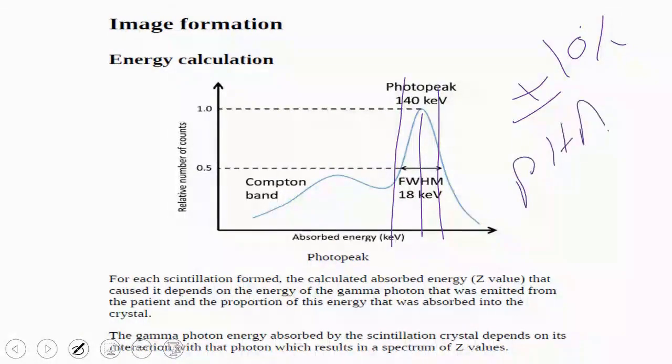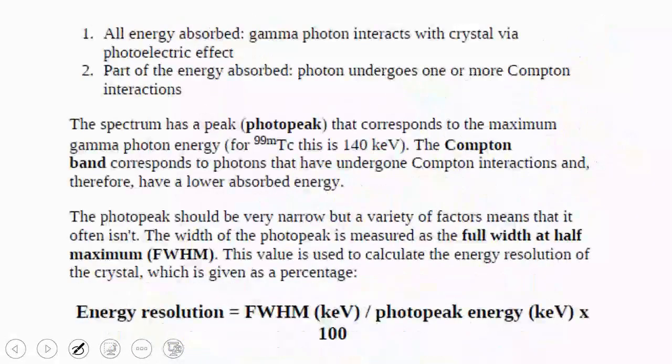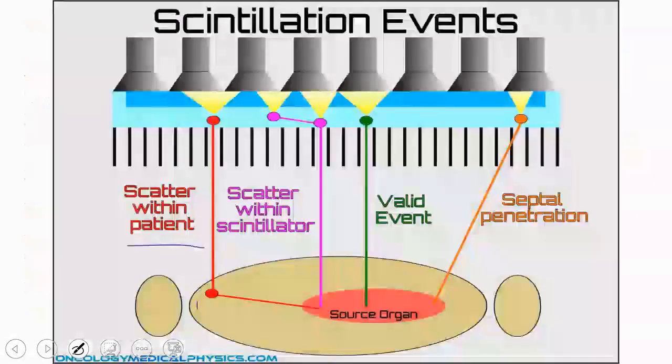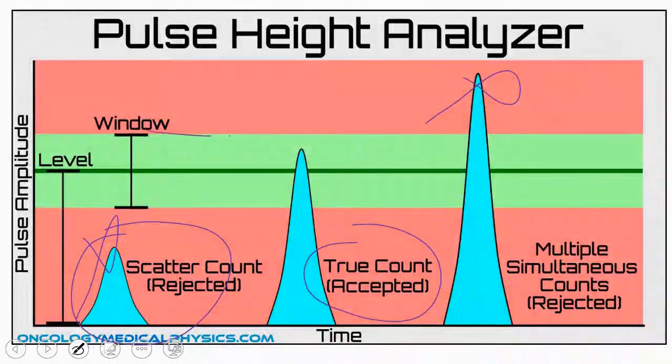How does this work with the pulse height analyzer? If a signal comes in above 140, I will not accept it. If it comes in below, I also will not accept it. So, you have completely removed the scattered signals coming to you through the pulse height analyzer. This window of 10% that we are talking about.